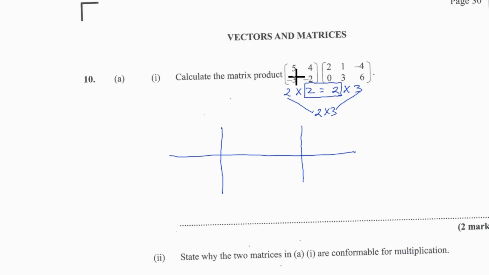Every time you multiply a row by a column, you'll get a single number as your answer. So I did a 2 by 3 table here, with two rows and three columns, because I know that my final matrix is going to have the dimensions 2 by 3.